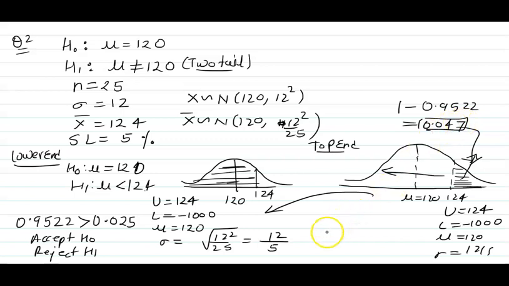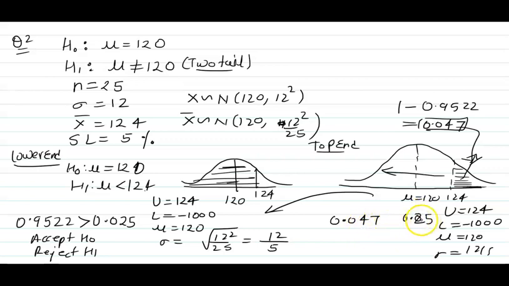Compare it with the probability. 0.047 is greater than or less than 0.05?